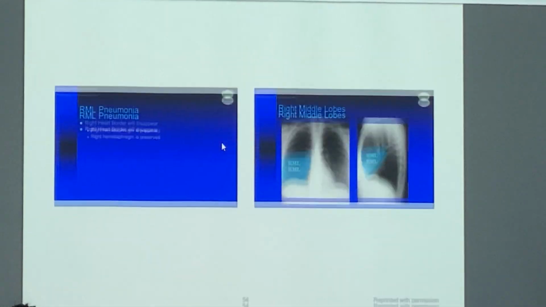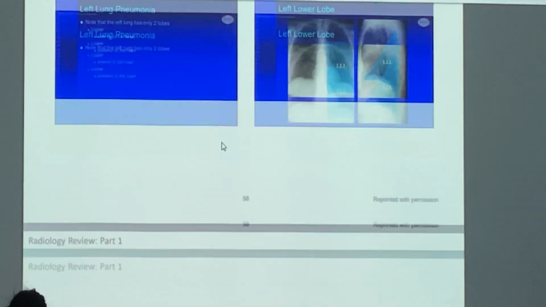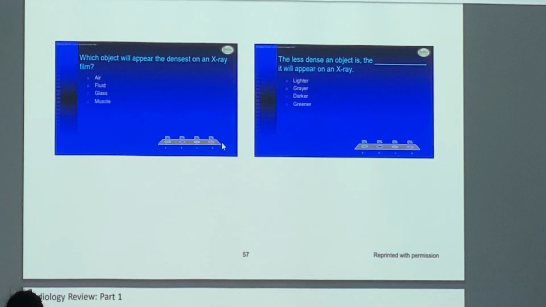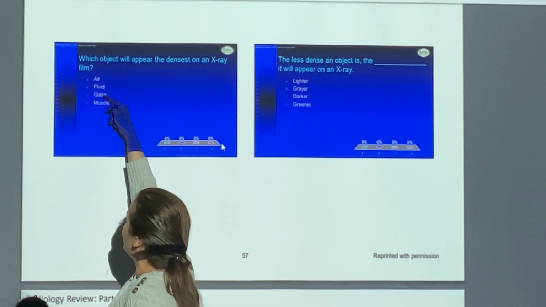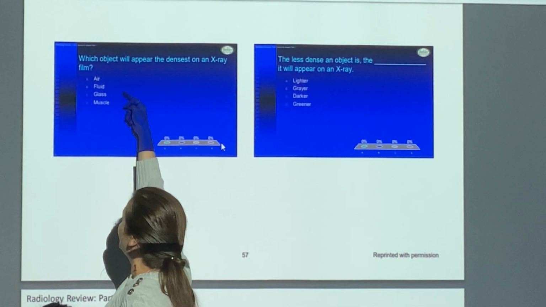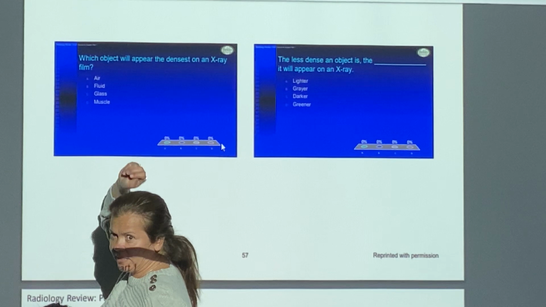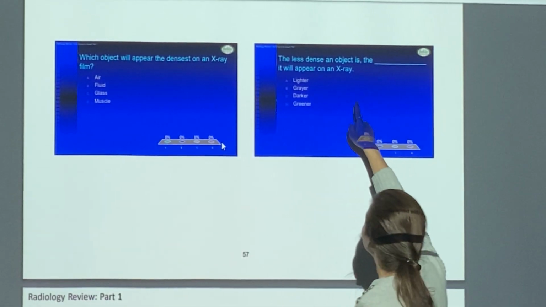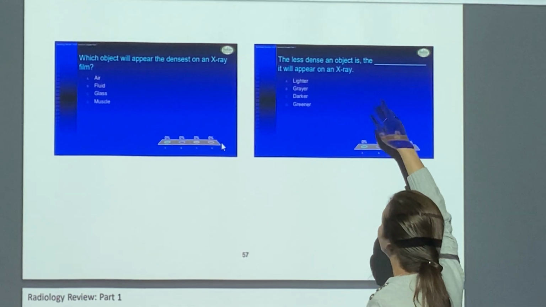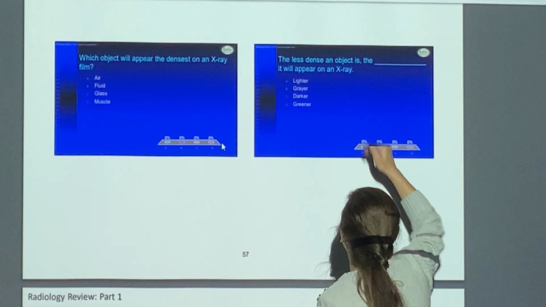So in the scale we have air, black, fat, black, muscle, gray, fluid, white. So which is the densest? The less dense an object is, the darker it will appear on the x-ray.